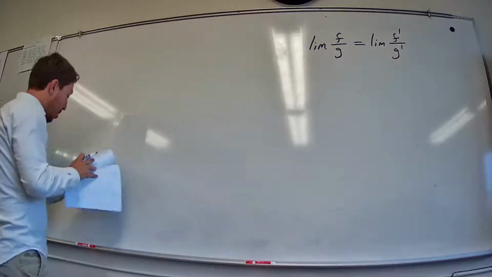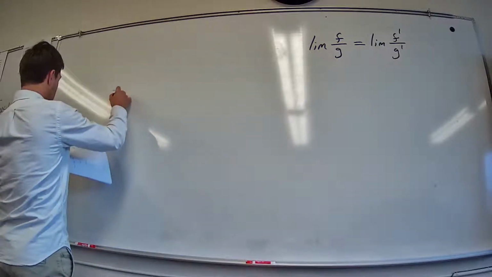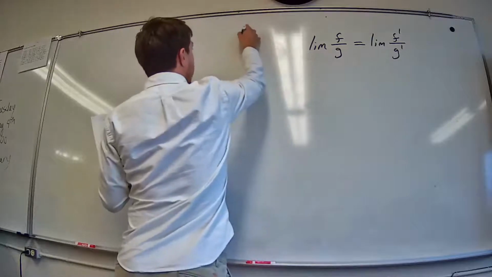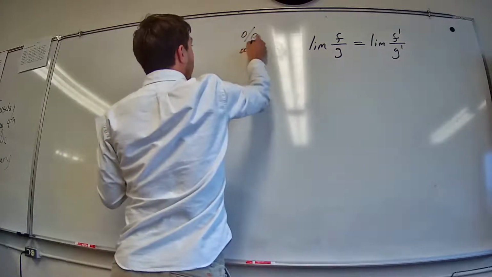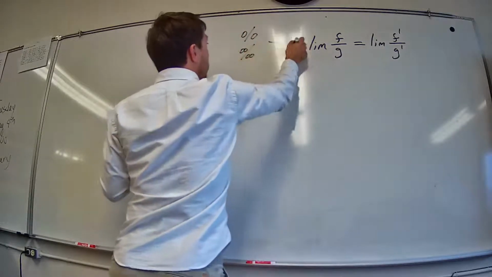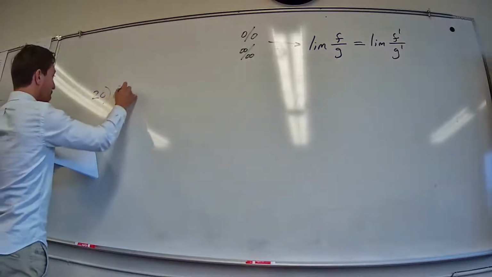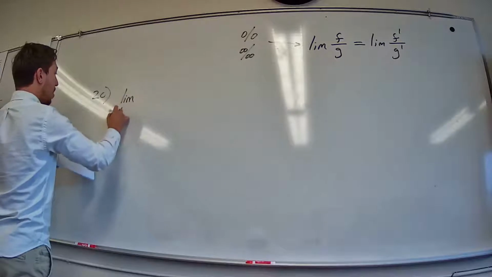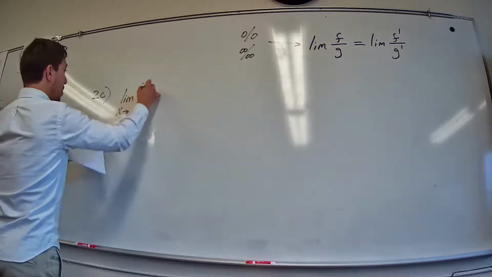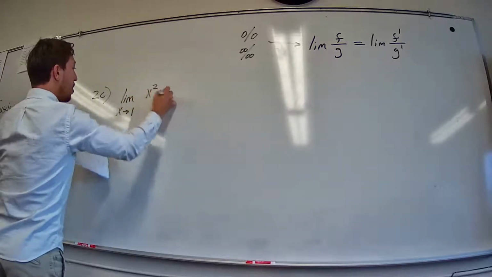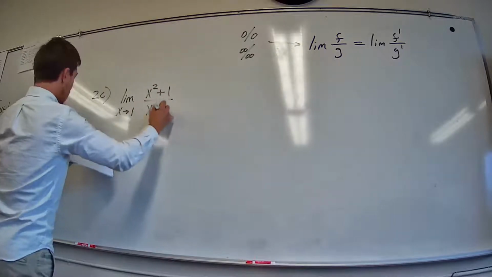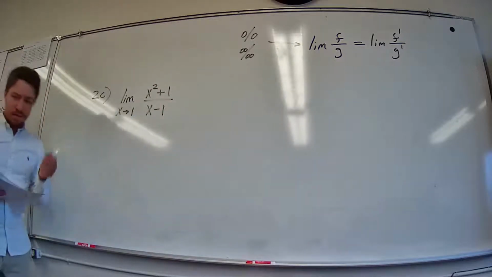And C is one where, remember, L'Hopital's rule says if you have a 0 over 0 or infinity over infinity form, you can apply the rule. But on 2C, let's look at that.